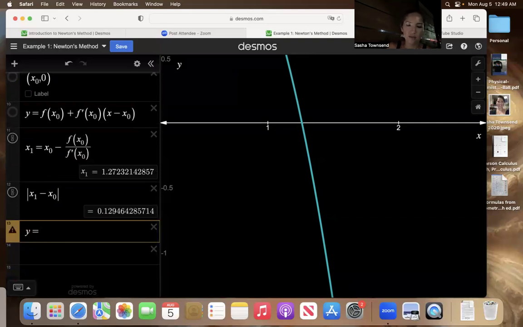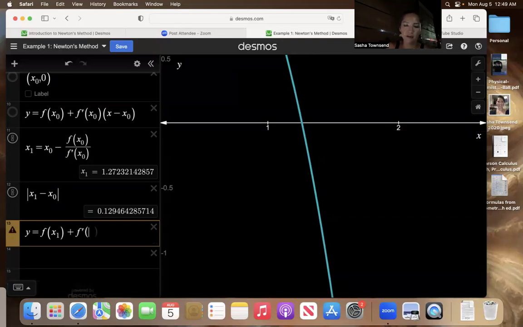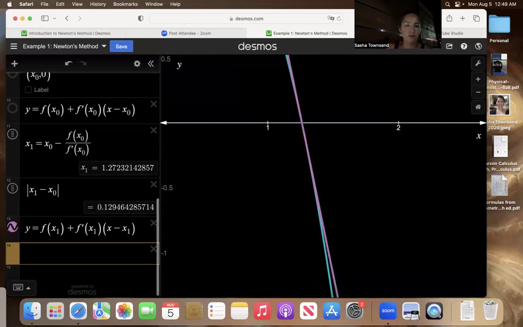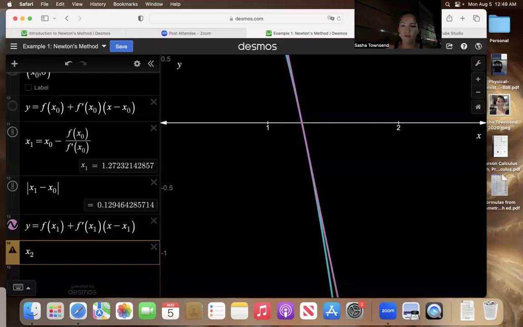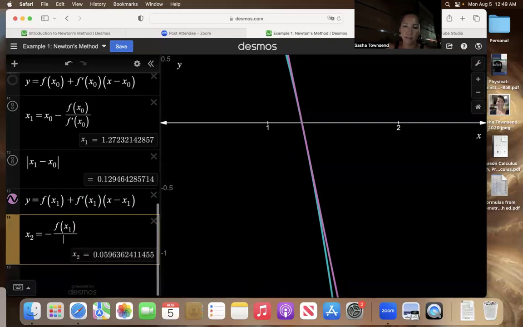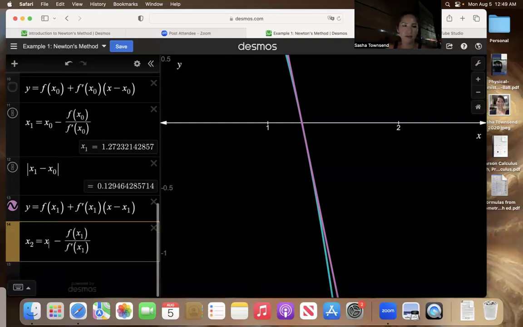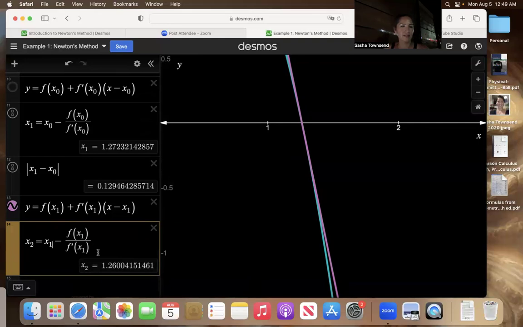So we'll have y equals f of x sub 1 plus f prime of x sub 1 times x minus x sub 1. We'll solve for x, we'll call that x sub 2, when y is 0. So we have negative f of x sub 1 divided by f prime at x sub 1. And then we'll add x sub 1 to both sides, and that'll be our x sub 2. We'll say x sub 2 is this value.